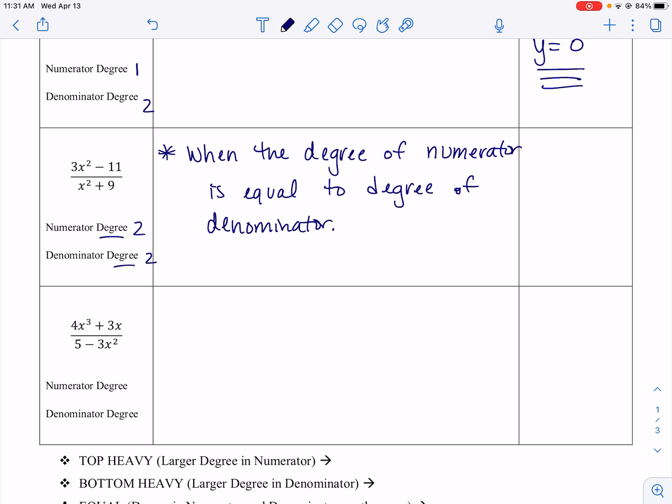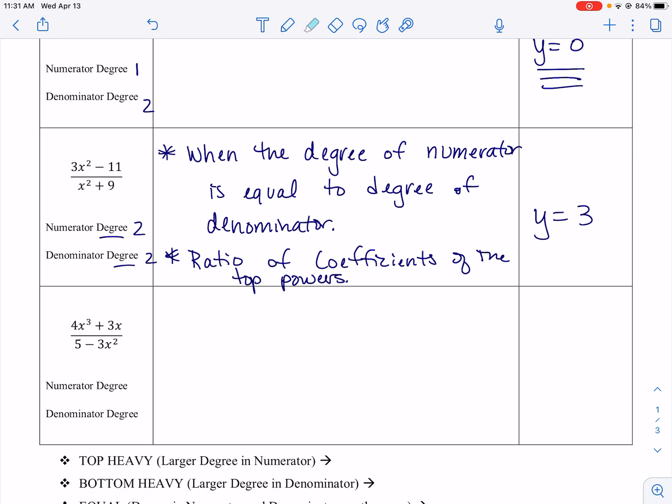If you were to look at this graph or at the table, this is approaching y equals 3, okay? And the reason that it's approaching 3 is because the horizontal asymptote is a ratio of the coefficients of the top powers.